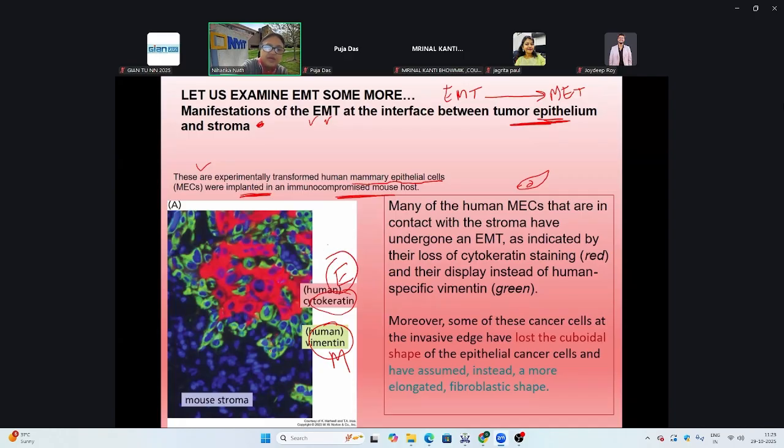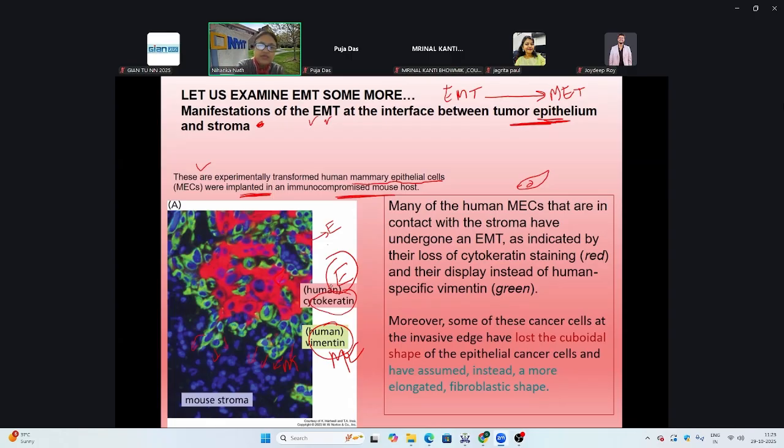And on the sides, on the corners, near the stroma, look at this. All of these that are near the stroma, look at this shape. The ones near the stroma have more vimentin, and the fact that they have more vimentin means that they are trying to break away and go into the stroma. So this one is mesenchymal, and all of the ones in the center here are epithelial.